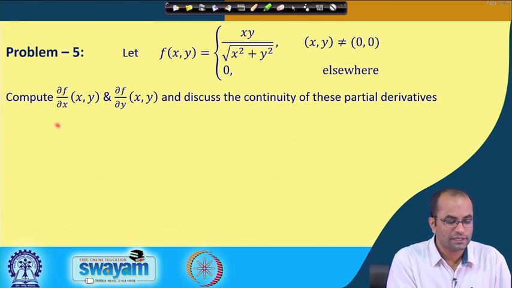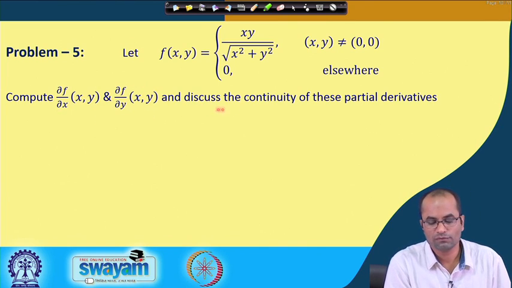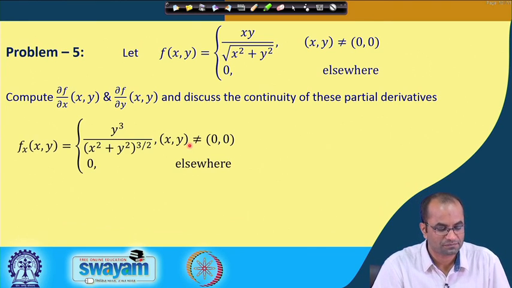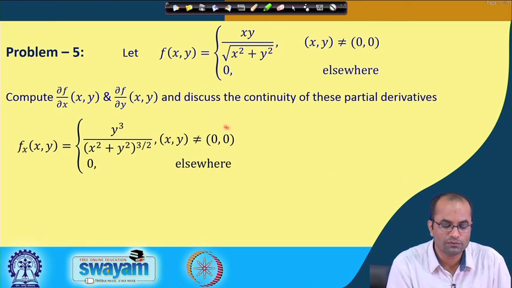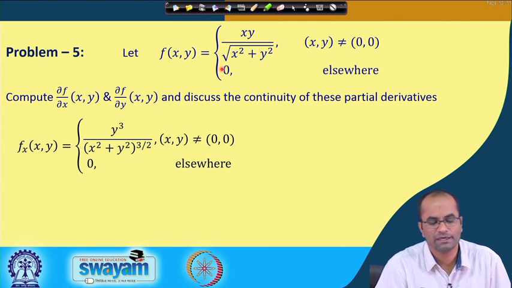So, this example is again to compute the partial derivatives with respect to x and with respect to y, and also we will discuss the continuity of these partial derivatives. Here f_x when (x, y) is not equal to (0, 0): we have this nice function. The problem is at 0, where we have to define it separately as 0.